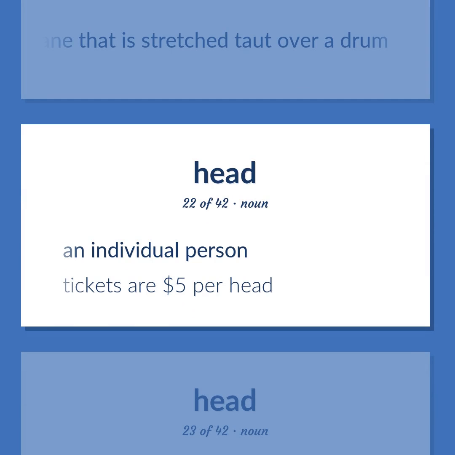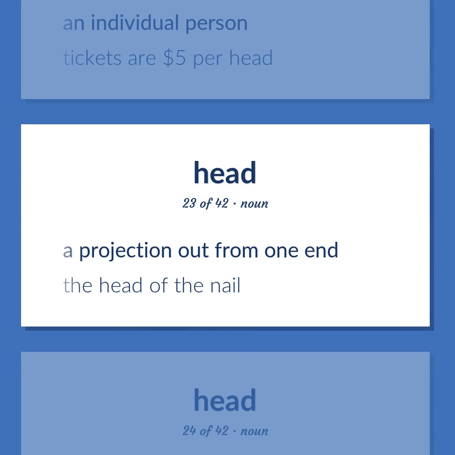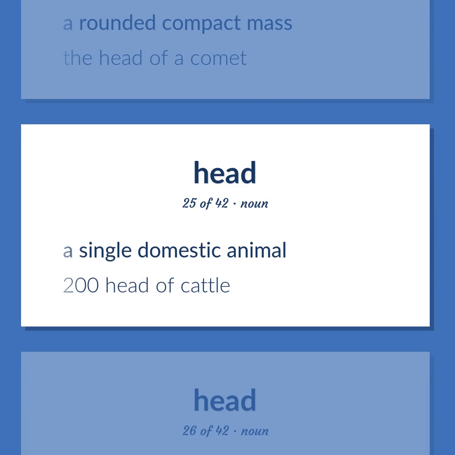Tickets are $5 per head. A projection out from one end. The head of the nail. A rounded compact mass. The head of a comet. A single domestic animal. 200 head of cattle.